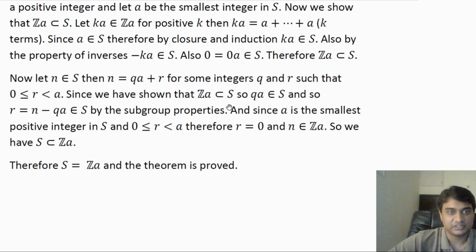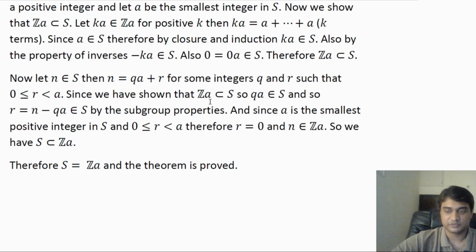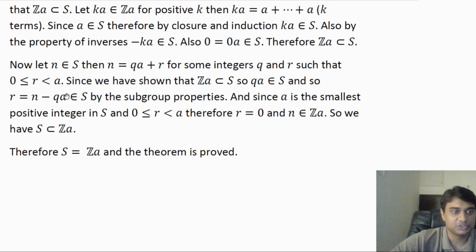It is an integer multiple of a in ZA, and since ZA is a subset of S, it is also in S. So qa is in S, and n is an element of S, so by the inverses, since S is a subgroup, minus qa will also be in S. So n and minus qa both are in S, and since it is a subgroup, n minus qa, which equals r from this equation, is in S by the subgroup property.